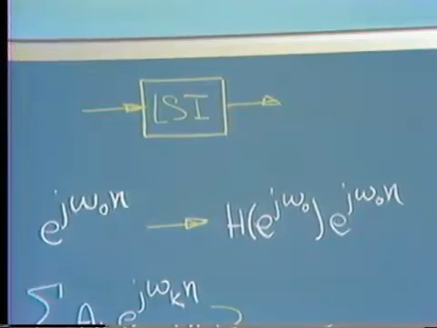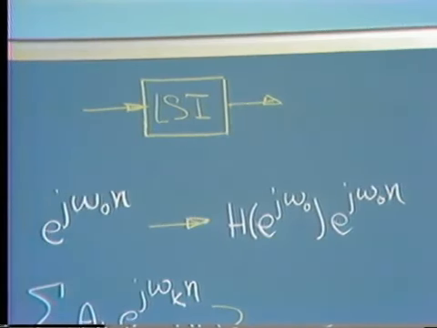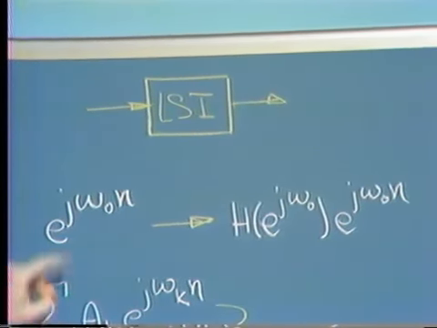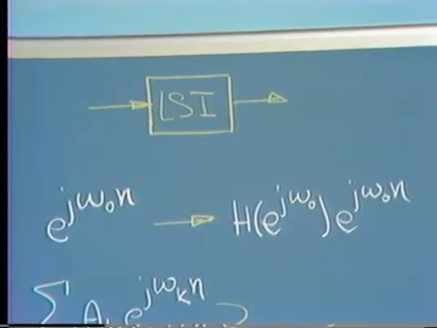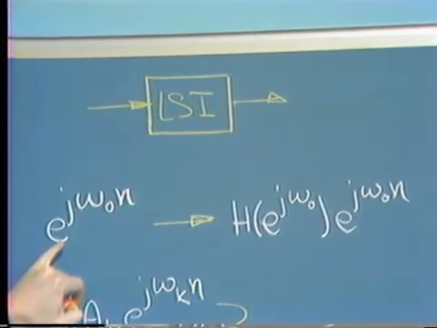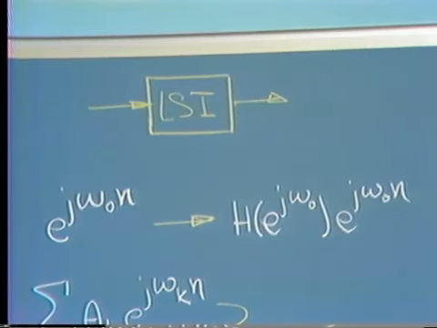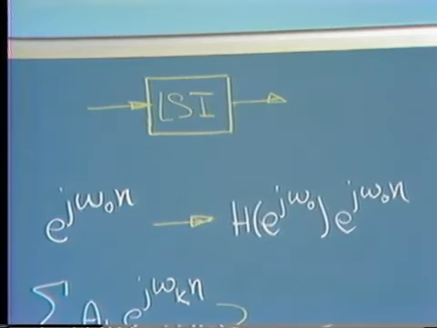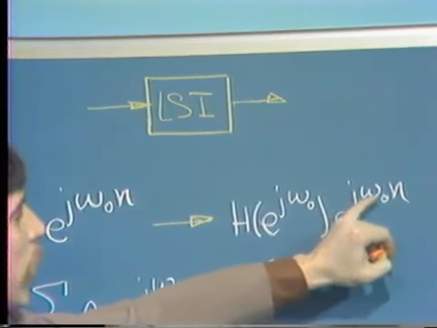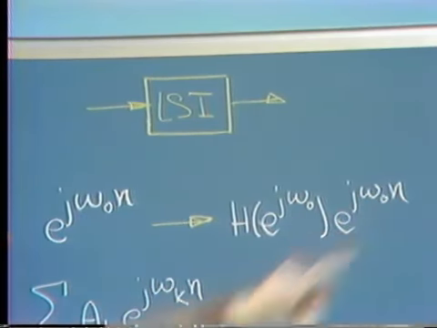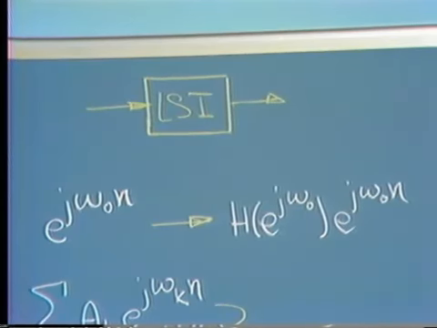First of all, we have, again, a property that we began the lecture with, that for a linear shift invariant system, a complex exponential input gives us at the output the same complex exponential, that is, the same frequency, and only one of them, multiplied by h of e to the j omega 0. That's a consequence of linearity and shift invariance.